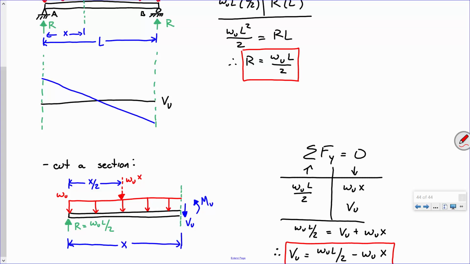Now, one thing I'll point out is this is the equation of a line.